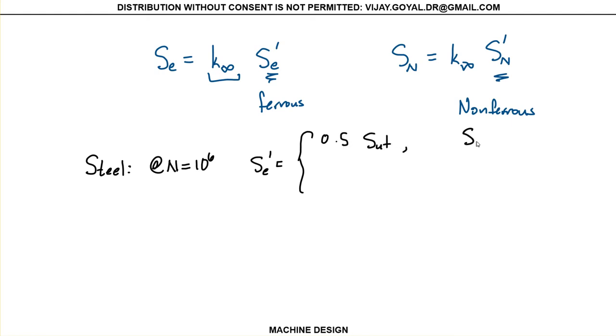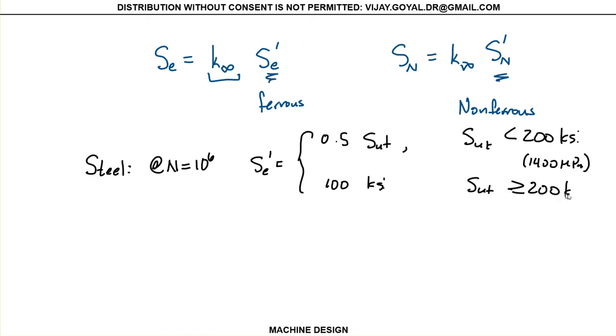This would be good if your S_UT is less than 200 KSI, or 1400 megapascals. And this is 100 KSI if S_UT is bigger or equal than 200 KSI. This is for steels.